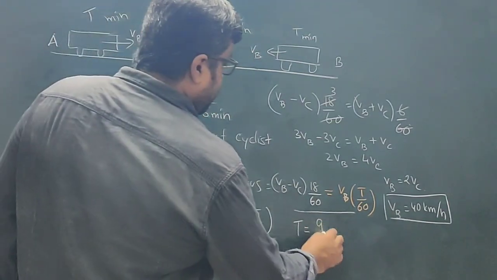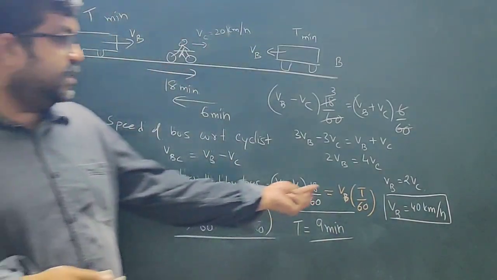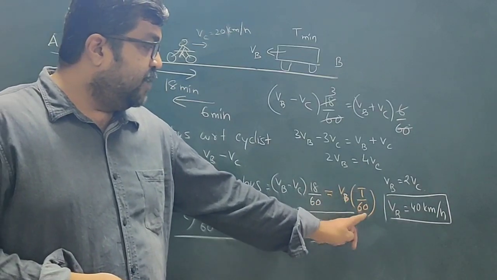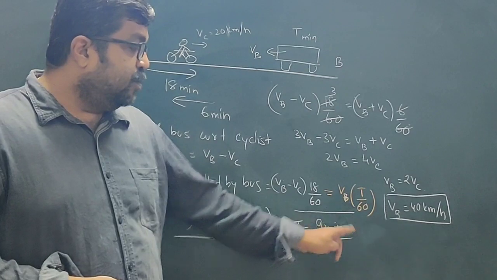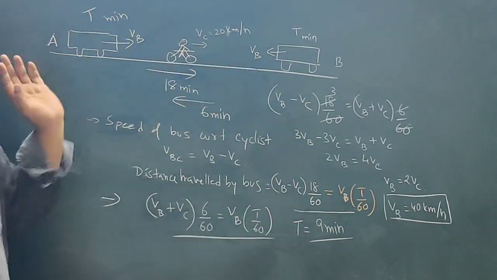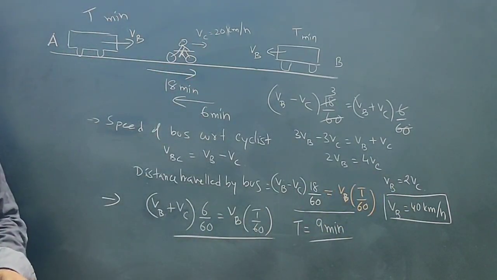T will come out as 9 minutes. This T is in minutes, which is why we are dividing by 60. So if you simplify, T is equal to 9, and the unit will be minutes. So the period of the bus is 9 minutes, and the speed of the bus is 40 km per hour.